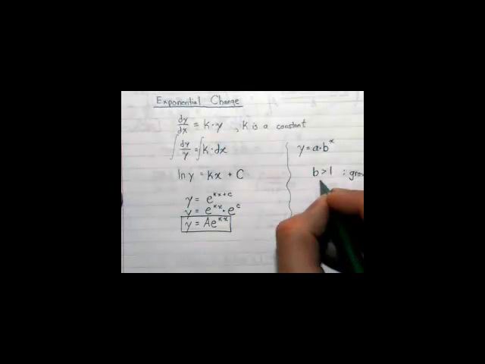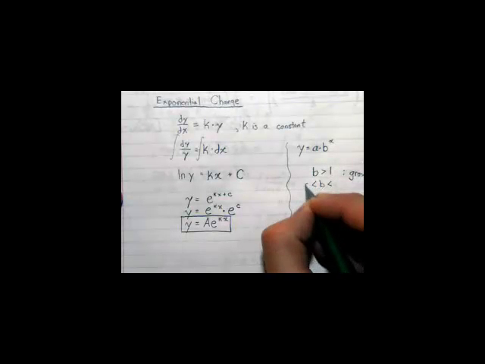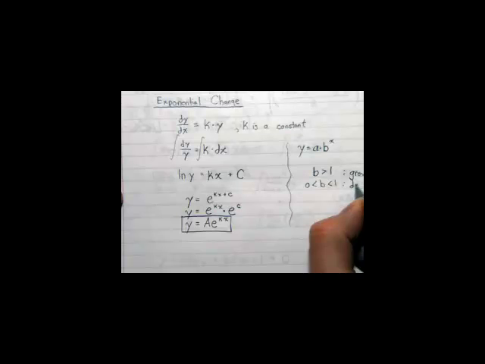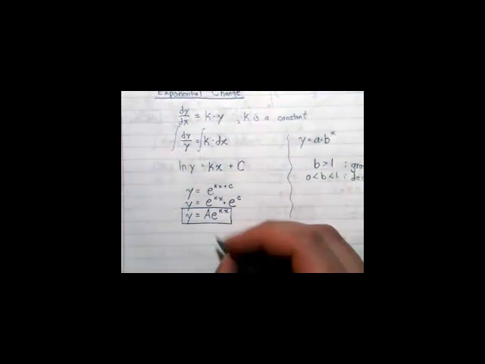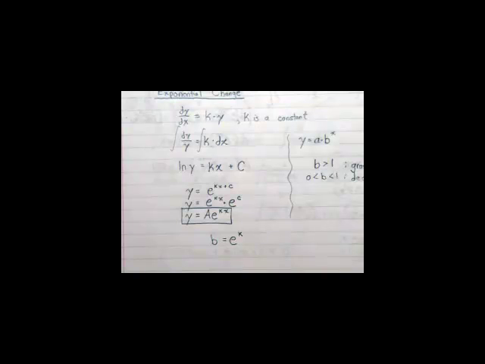And if b was between 0 and 1, then it was a decay. Here, technically, it's e to the k. Do you guys see that? That's really the base there.